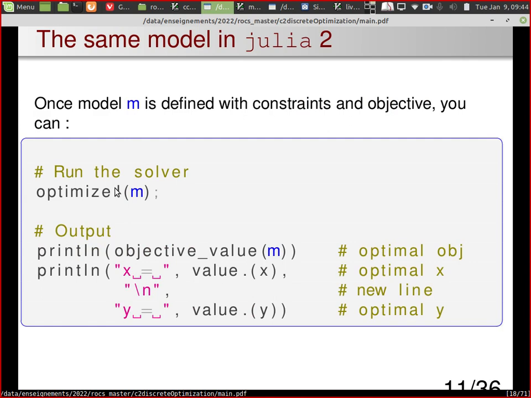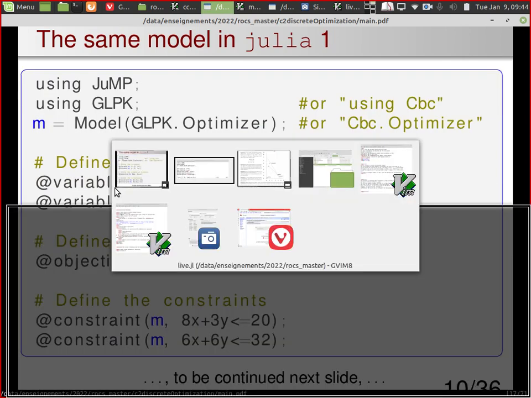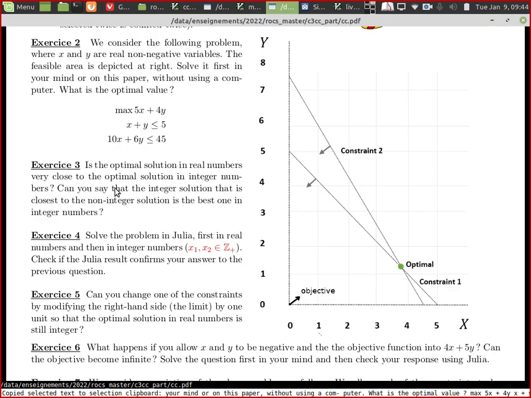So what I want to understand. Yes. In the graph, what is the non-negative value? The non-negative part is written, if you want, here. Yes. Because we say x and y are non-negative. If I understand the question. Okay.